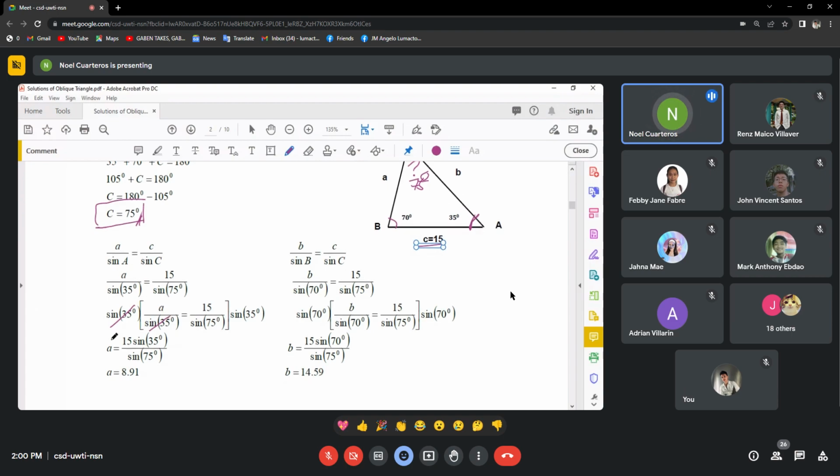You will come up with A equal to 15 times sine 35 degrees all over sine 75 degrees. So, using your calculator, please tell me if that is the answer.